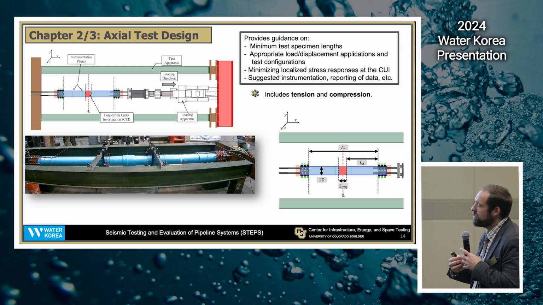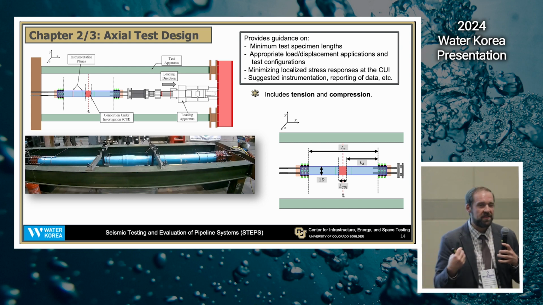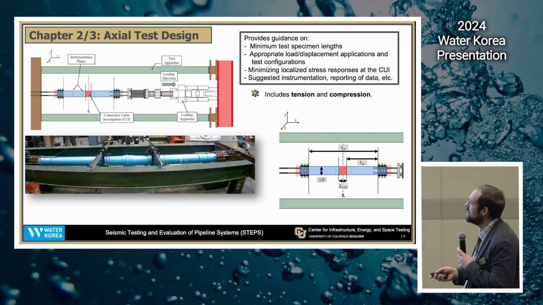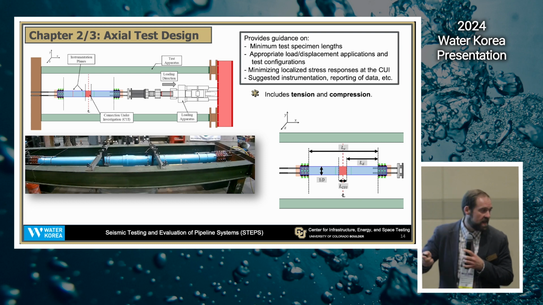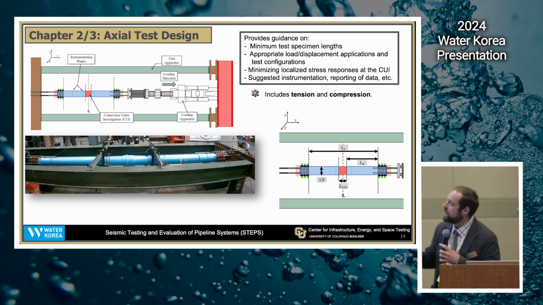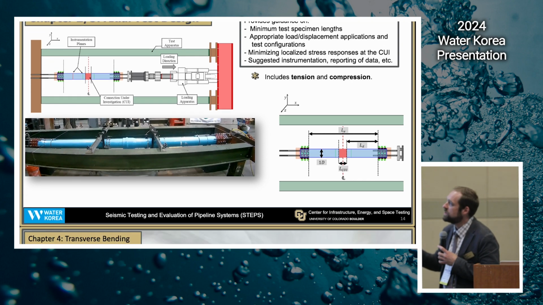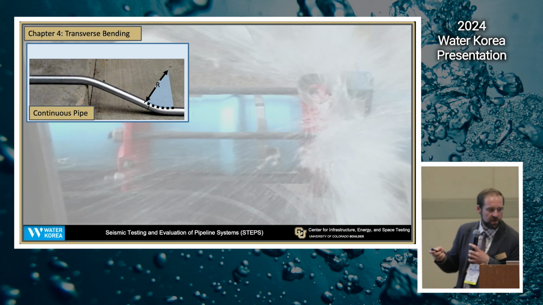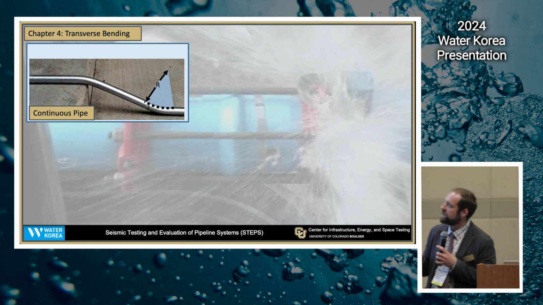And so providing the right type of length and sizing to these so that we don't have boundary effects is really important. It's something we talk about in our test setups, as well as looking at the instrumentation that we want to ensure that we provide the specimens, which I think my slide's out of order, but that's okay.